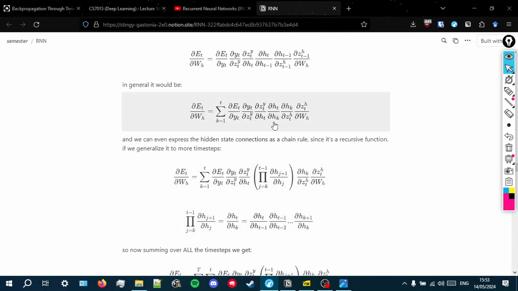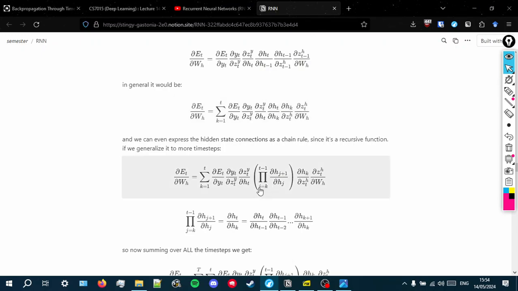As we expand this a lot more, we can notice that this is just a product in the chain rule, that we are multiplying the same thing over and over again. It's just like with that example for 4, 4 over 3, 3 over 2, 2 over 1, and such. So we can substitute this part with a product.